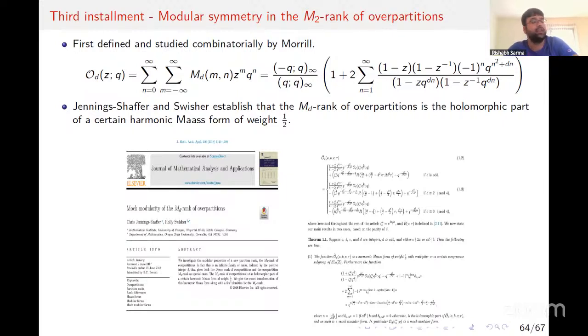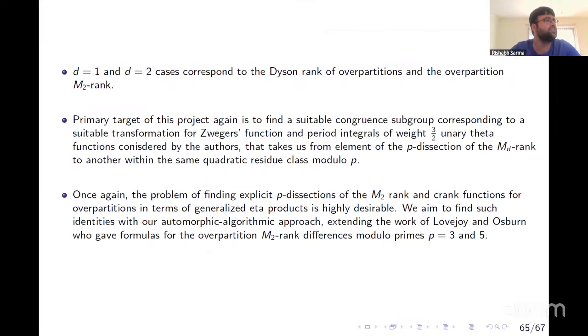These were first defined and studied combinatorially by Morrill, and Jennings-Shaffer and Holly Swisher established that this MD rank is the holomorphic part of a certain harmonic Maass form of weight half. This is a paper of theirs that appeared in JMAA. And I think the D equals 2 case corresponds to the over partition M2 rank, and the D equals 1 case corresponds to the Dyson rank, which we have already found.